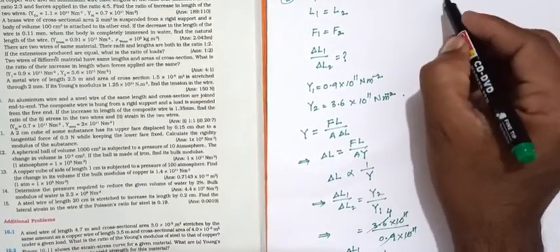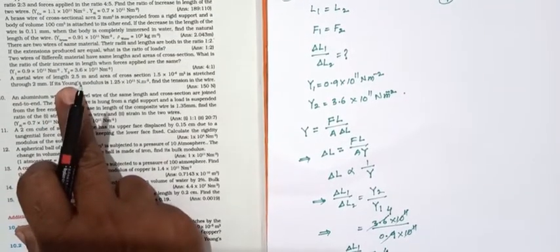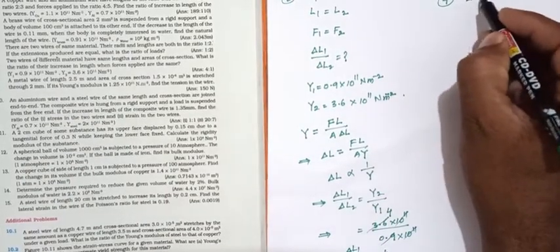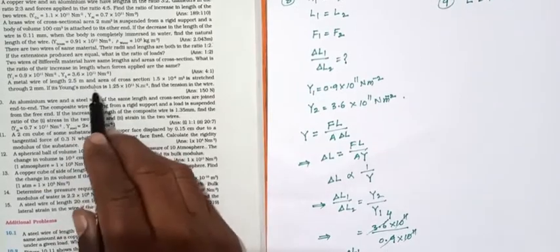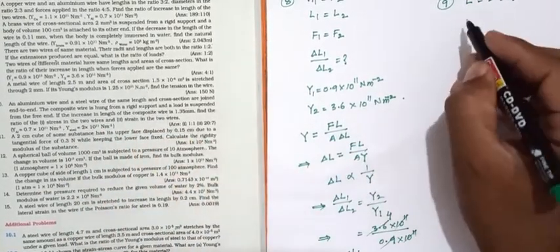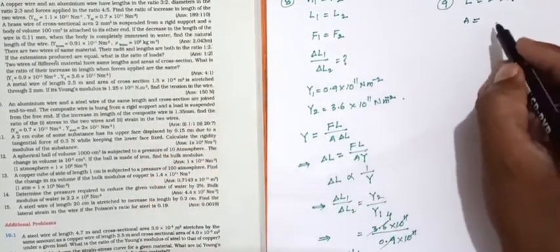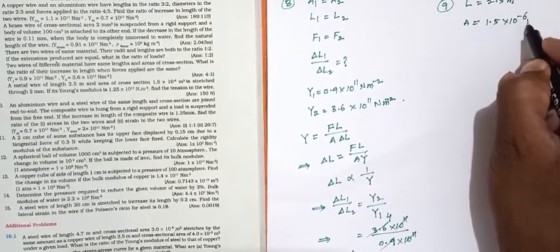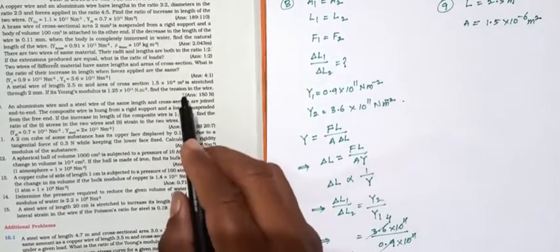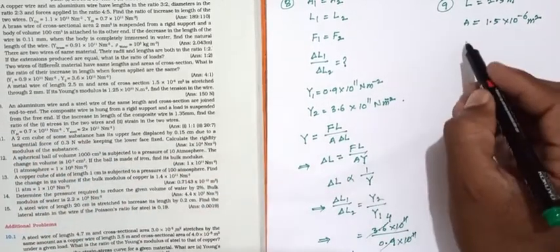So next, problem number 9. A wire has length 2.5 meters, area of cross section A equals 1.5 into 10 to the power of minus 6 meters square, and is stretched through 2 millimeters.